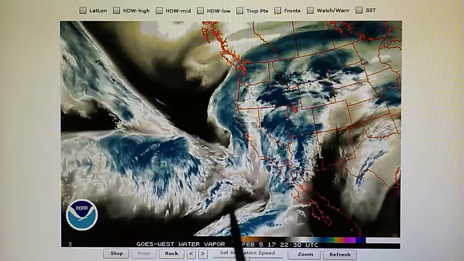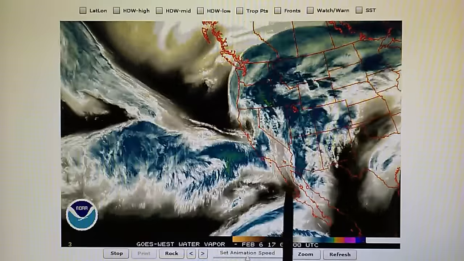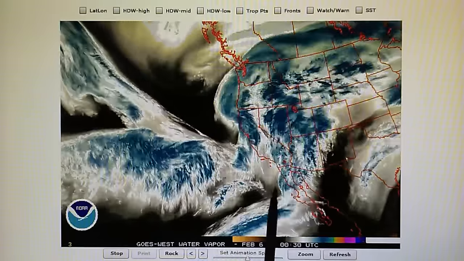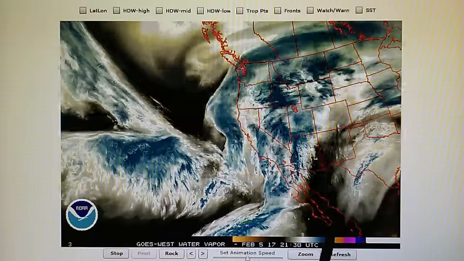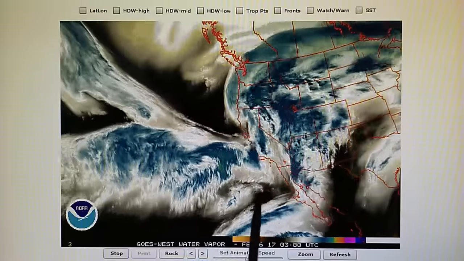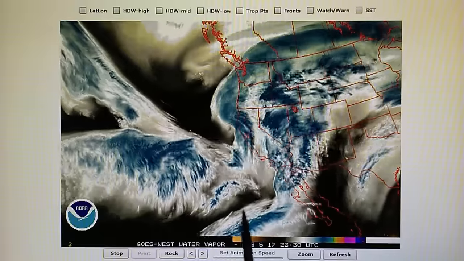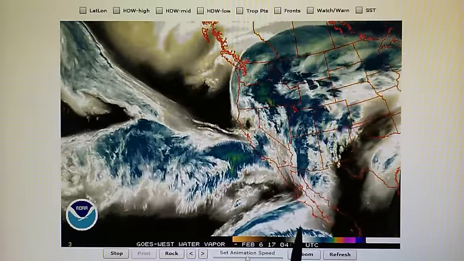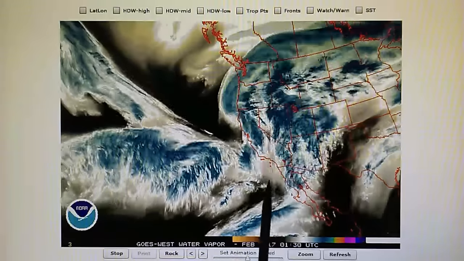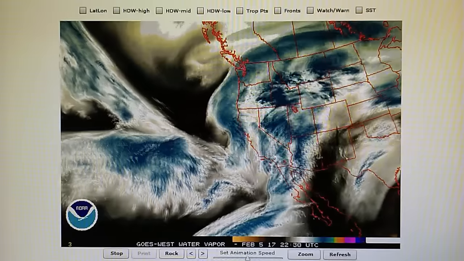Also down here, the same thing. We have a right angle, approximately, right there, and that is preventing development. We have descending air, which is counteracting the natural counterclockwise rotation that we would normally see on a developing weather system as it moves through the area.